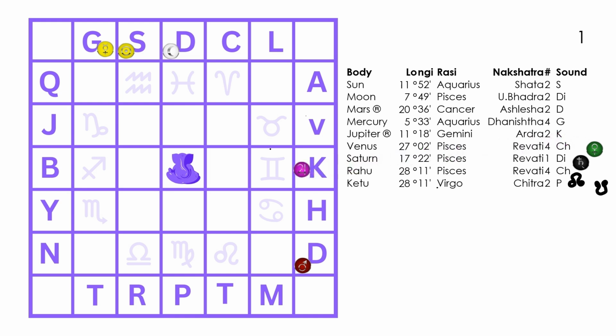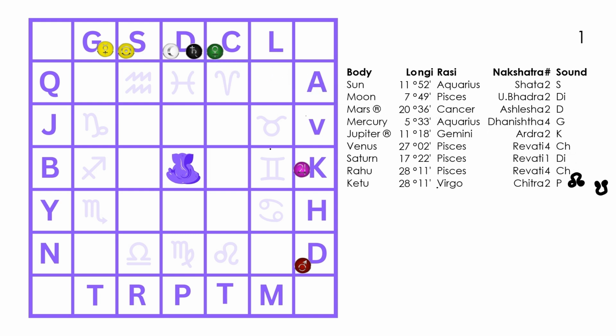And Venus is at 27 degrees 2 minutes in Pisces, and it is in Revati Nakshatra and fourth pada of that, which is the Cha sound. So Venus is in the Cha sound. Saturn is at 17 degrees 22 minutes Pisces, Revati Nakshatra, but first pada where you have the Da sound, which is Saturn.